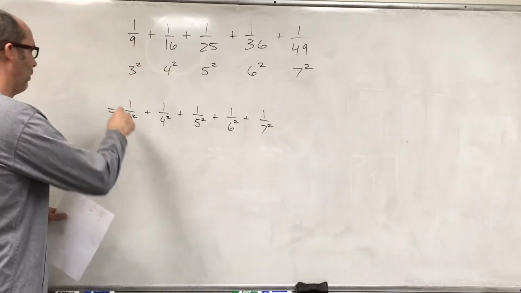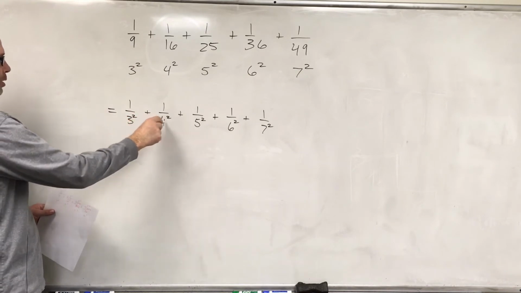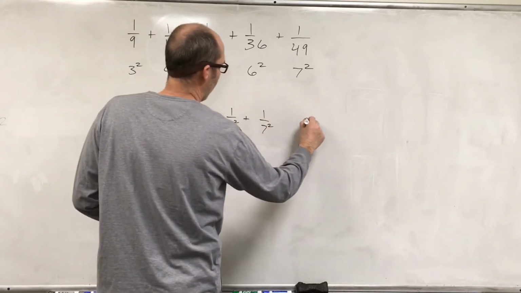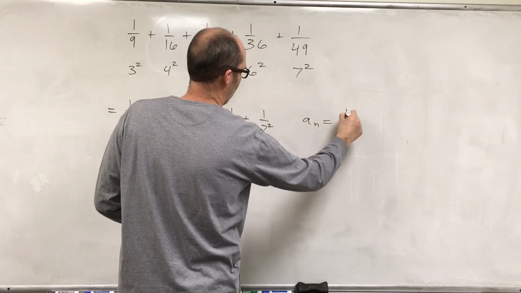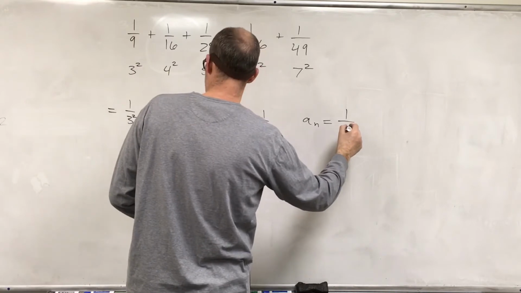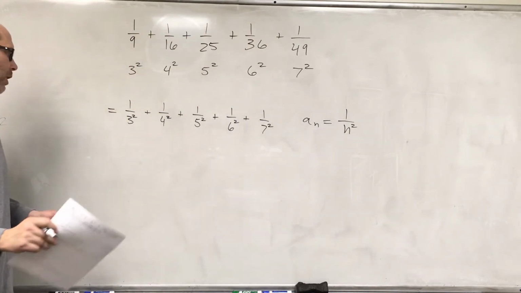Okay, so now you want to think, okay, what's changing here, right? The thing that's changing is this is 3, then that's a 4, then that's a 5, then that's a 6, then that's a 7. So that tells me that AN is 1 over n squared.